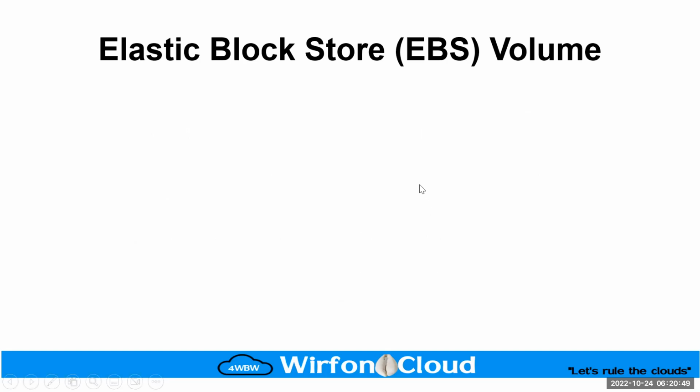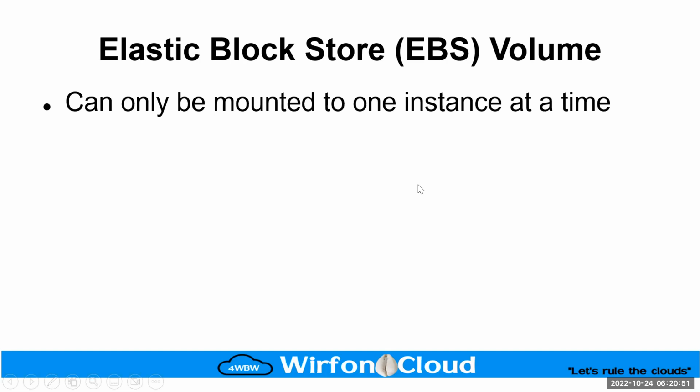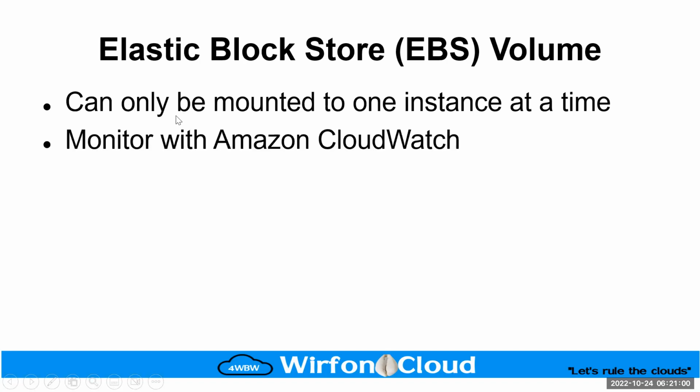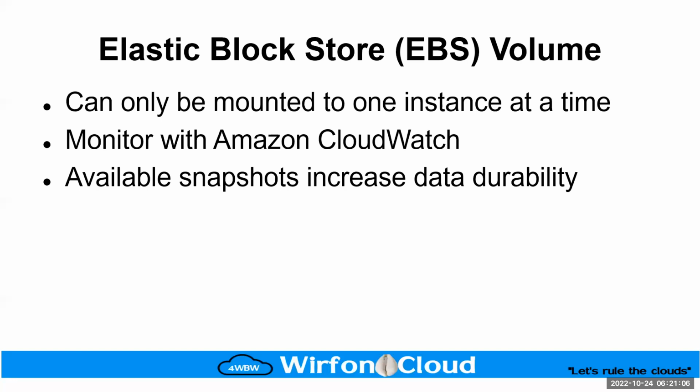Now with EBS, it can be mounted to one instance at a time, only one instance at a time. You can monitor it with the help of Amazon CloudWatch. With the help of snapshots, you could increase the durability of the data.